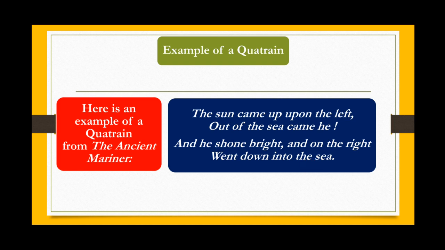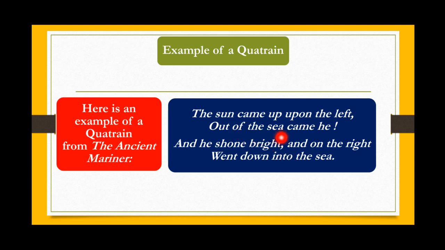So the stanza consists of 4 lines, right? And there is variation in the length of the lines, because the first line has 4 feet, the second line has 3 feet, the third line has 4 feet, and the fourth line has 3 feet again.